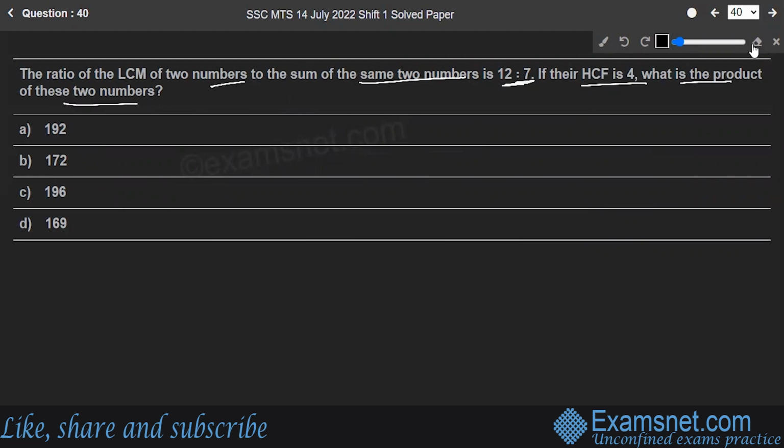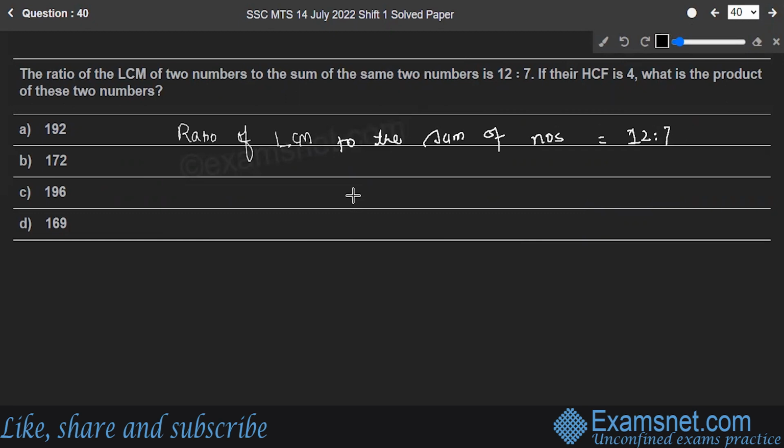Okay, so first, let's write down: the ratio of the LCM to the sum of the numbers is 12:7. Also, you are given their HCF.